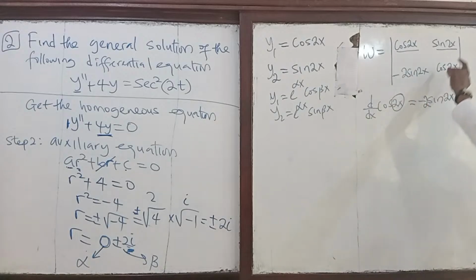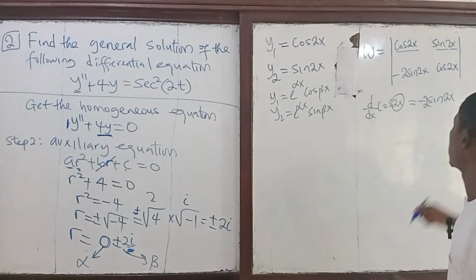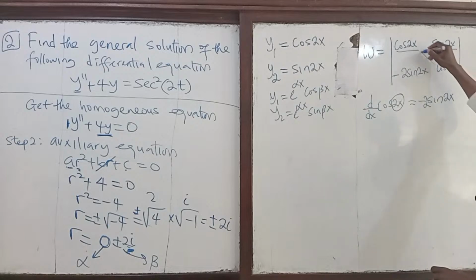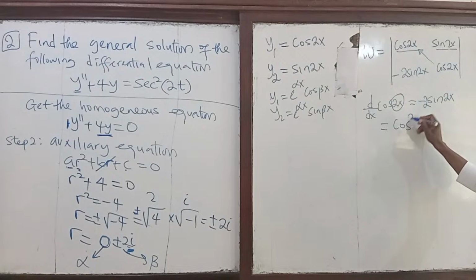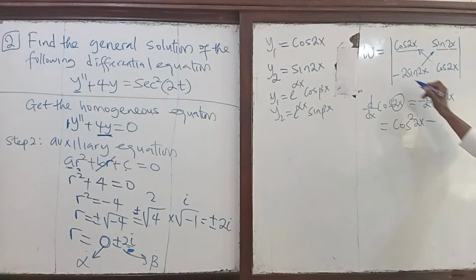The same thing you do for sin 2x. You differentiate the sine, which will give you cos of the function, times the derivative of the composite function. Then get the determinant. This one times this one gives cos squared 2x, and because there's a minus here, minus times minus is a plus.